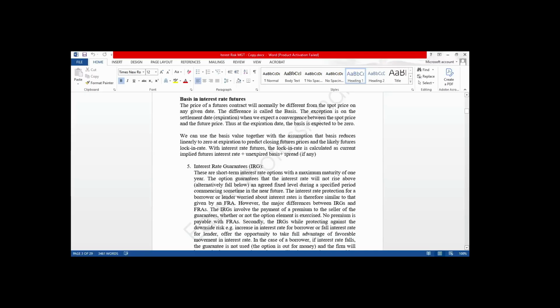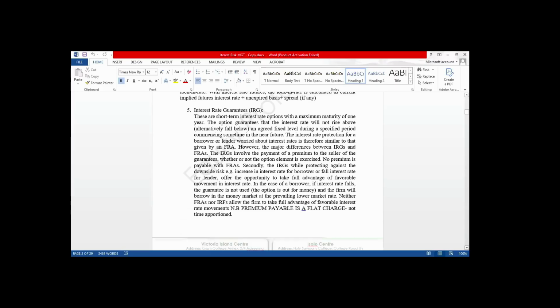This guarantee will only be used if it is favorable. If the guarantee is not favorable, the company can take advantage of market interest rates that are favorable. However, interest rate guarantees involve the payment of premium.